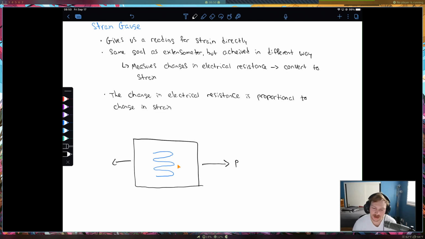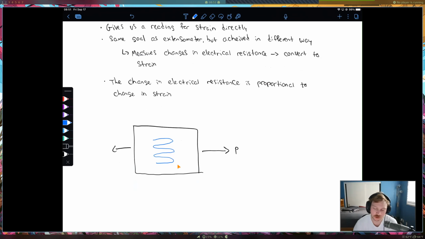Okay, so let's say that we have a rod, and on that rod we're applying tension, because that's what we're going to be doing again in the second lab. And then we have our strain gauge that is applied directly onto that rod. What I drew in blue here is part of the strain gauge. So these are thin metal wires, and they're going to experience strain directly.